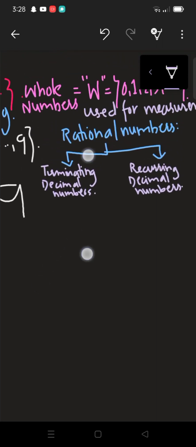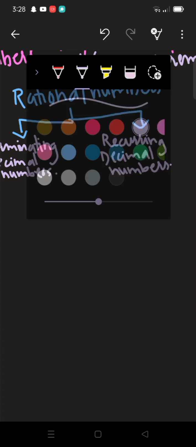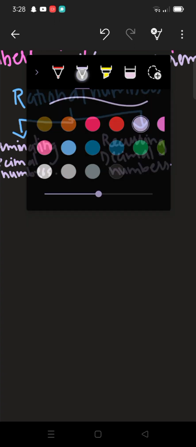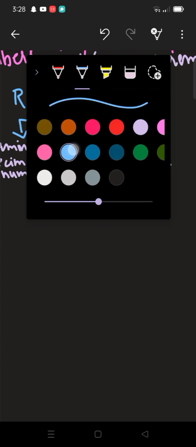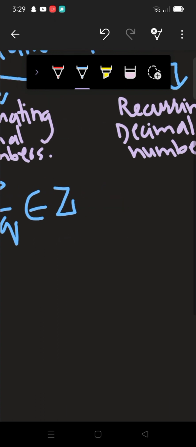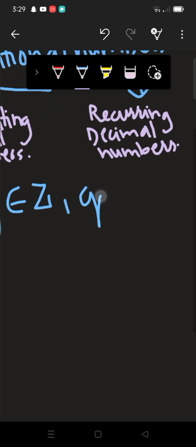For example, initially we should write the statement. There is basically p and q, where both numbers belong to integers, in which q is not equal to 0.